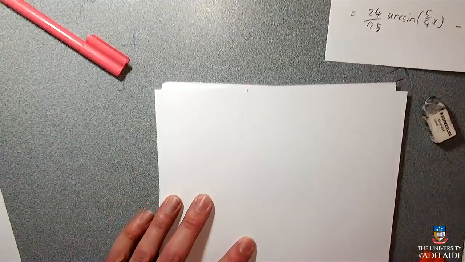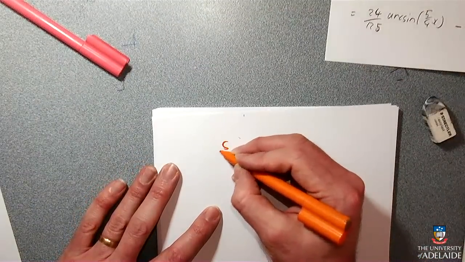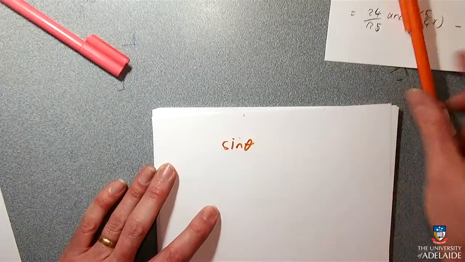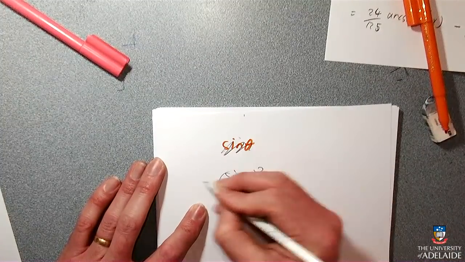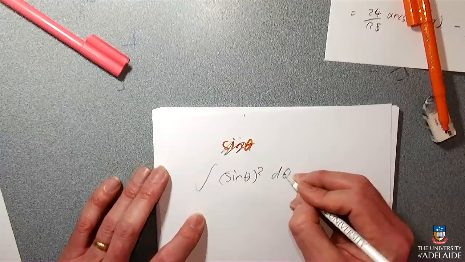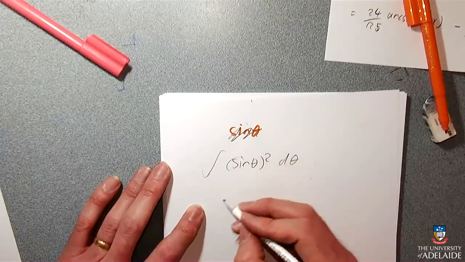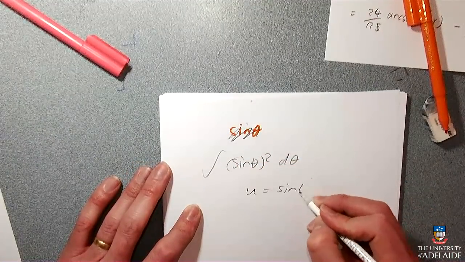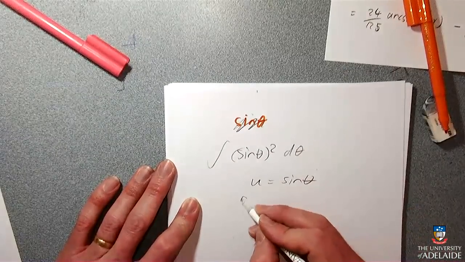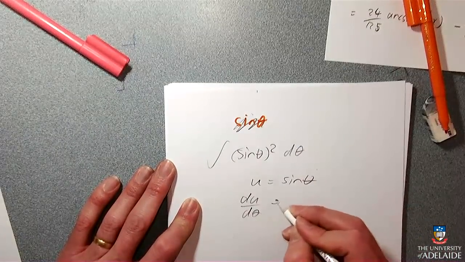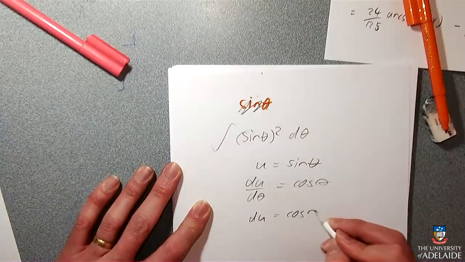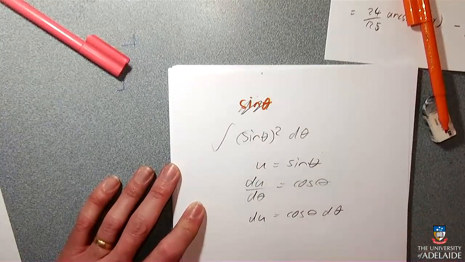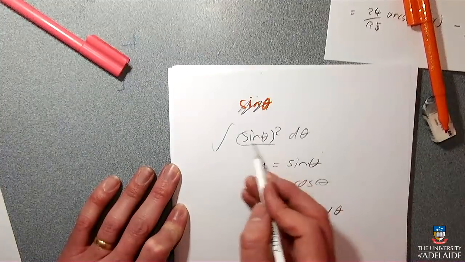So you're just saying, we were here, I'm so used to writing in texture in the Maths Learning Centre. You're sort of thinking if you had this with a number there, that maybe you could go u equals sine theta like that. So then du on d theta would be cos theta. And so du would be cos theta d theta. So this would be great. So this bit would become u squared.